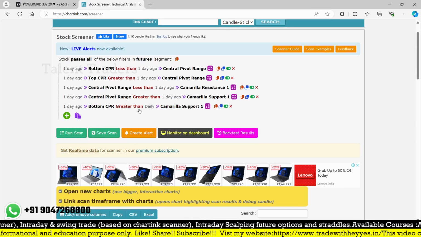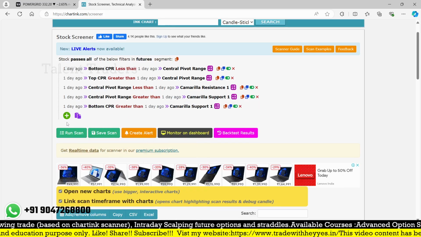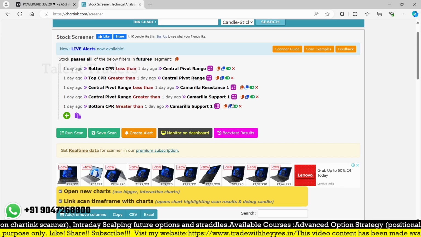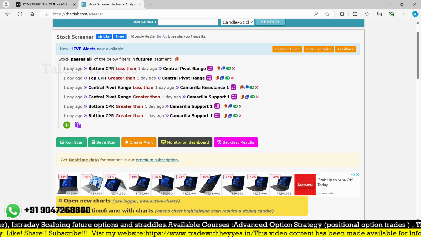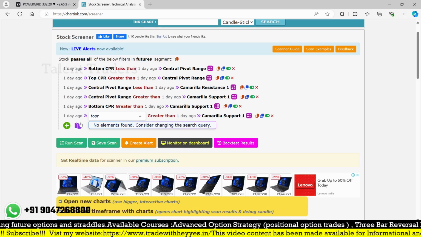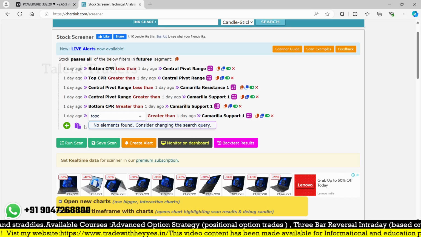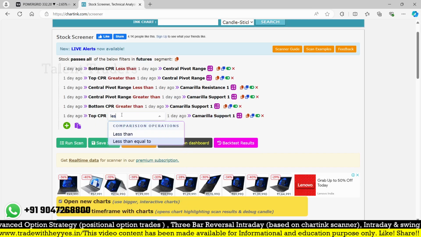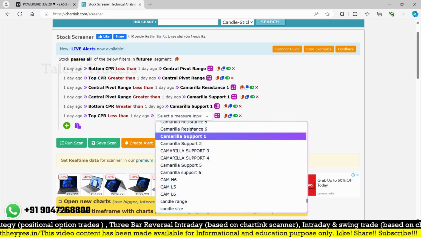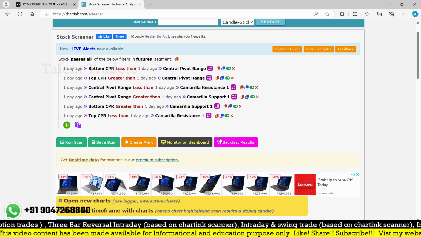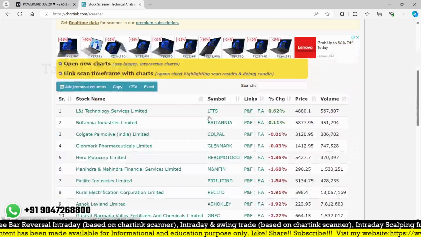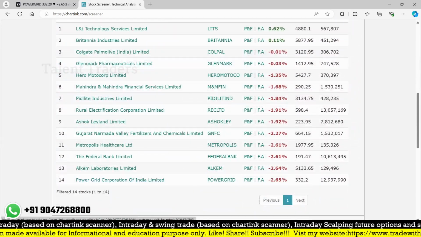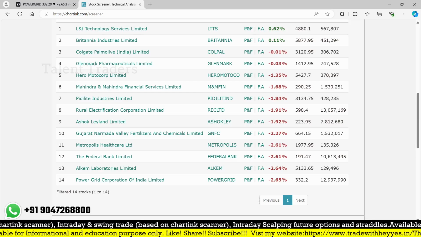So you'll be using 1 day ago. And one more condition, the same kind of condition which we can use, top CPR here. Maybe a trending stock that is working well. So moving less than R1, Camarilla resistance. So I'm just finding out. Only 14 stocks which I filtered by this particular thing.